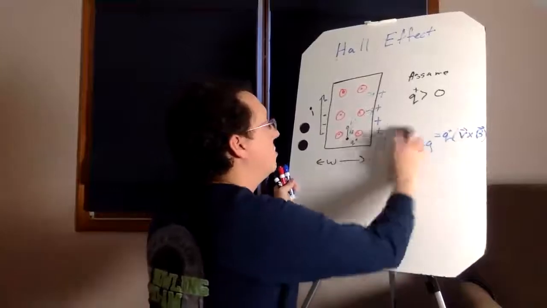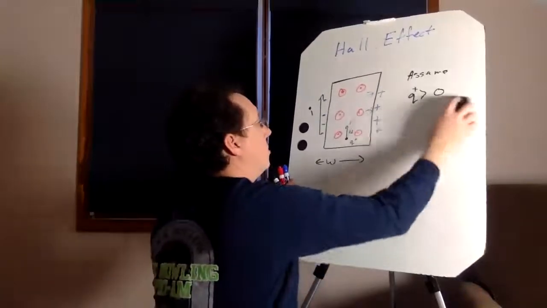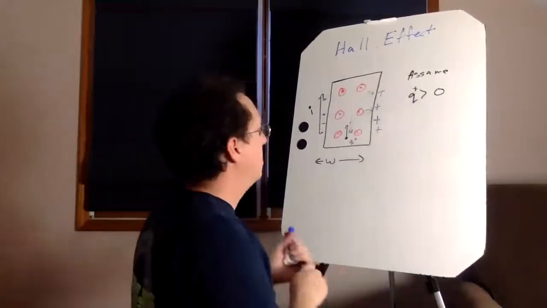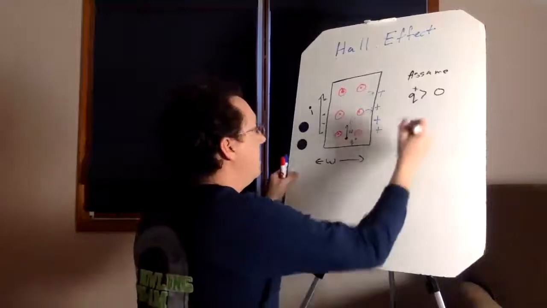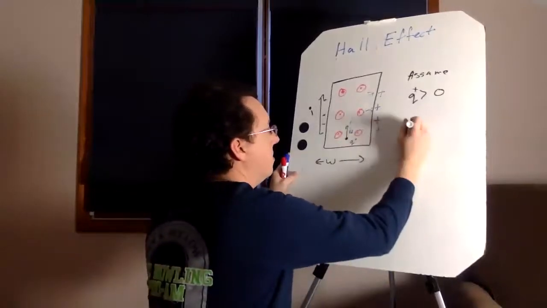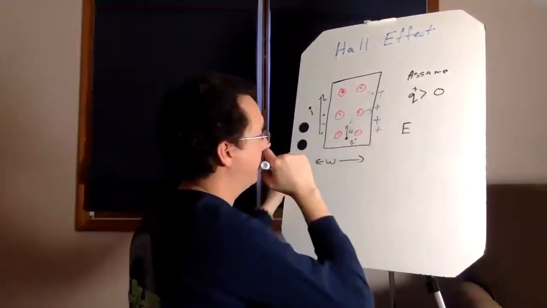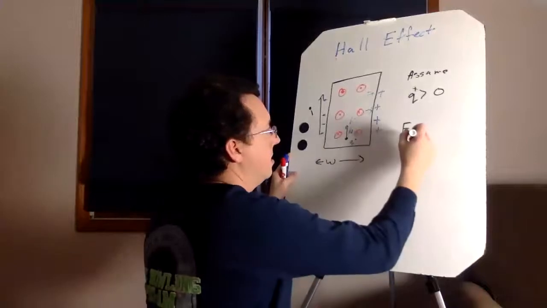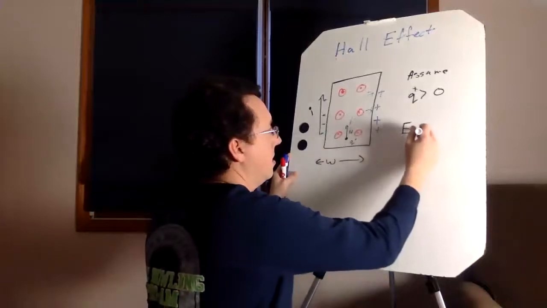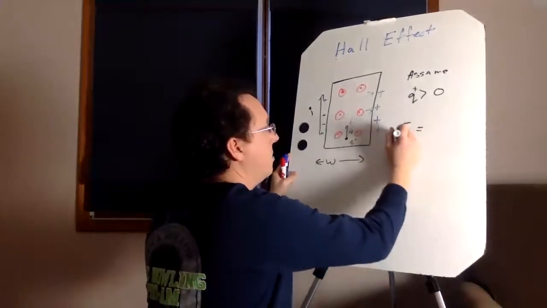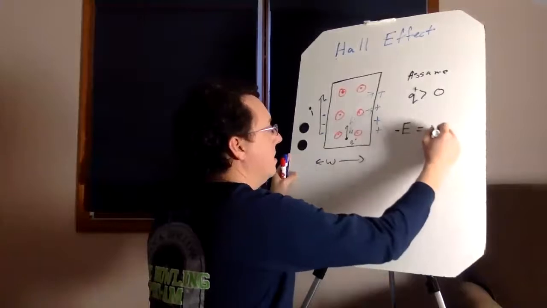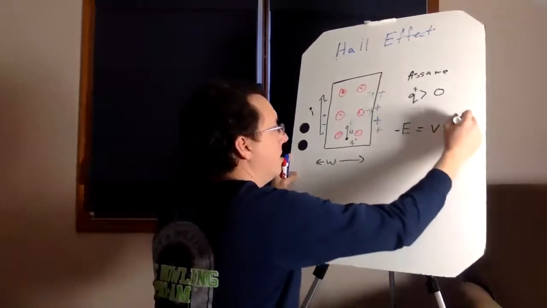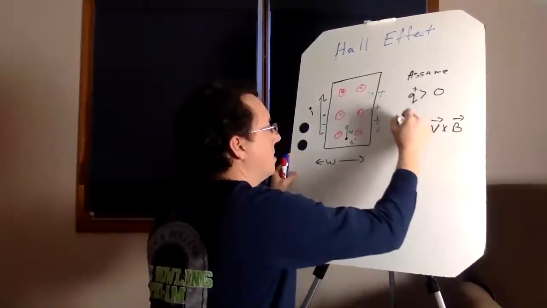Okay. So we're assuming that the charge is positive. So if the electric field is equal to, well, so minus the electric field equals V cross B, so that they can cancel out.